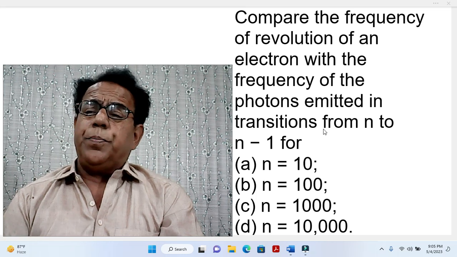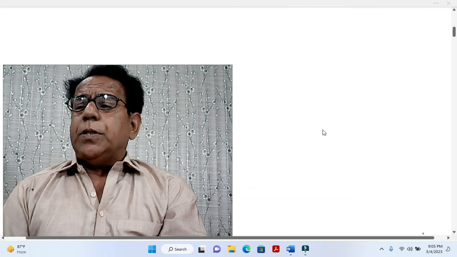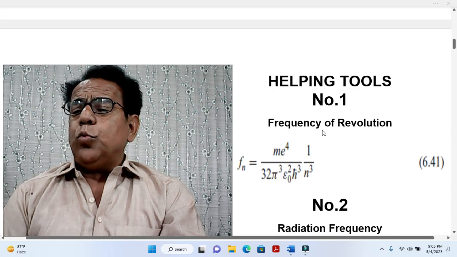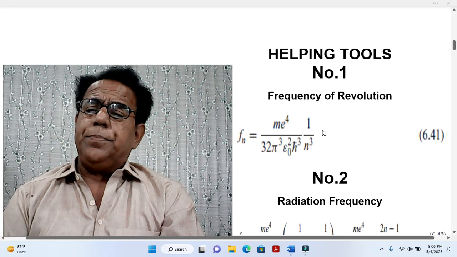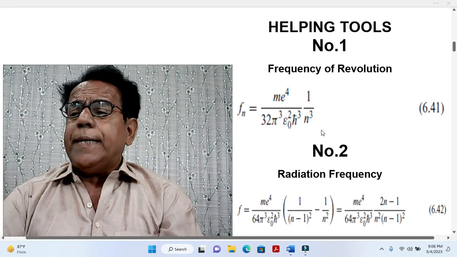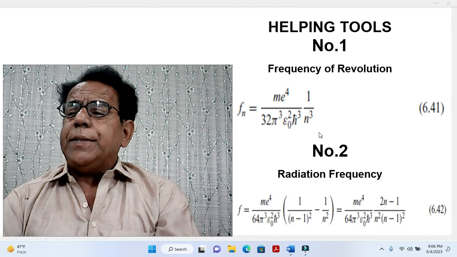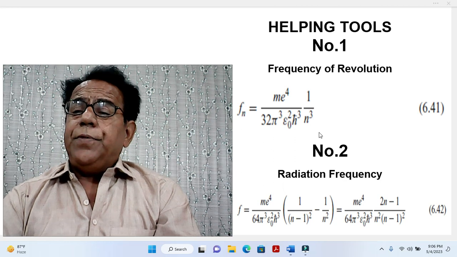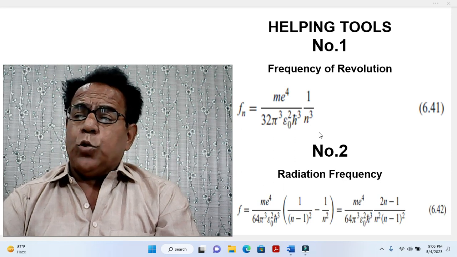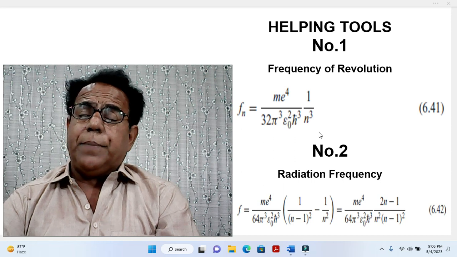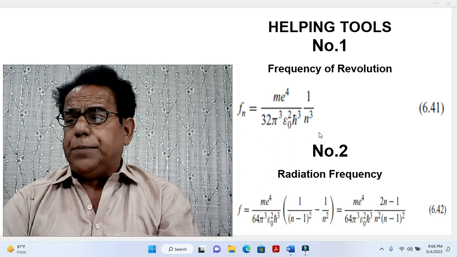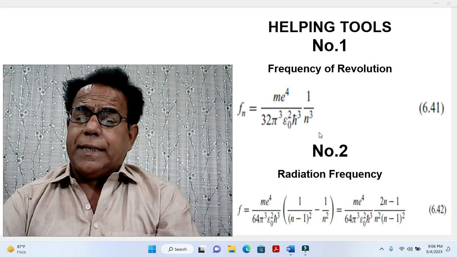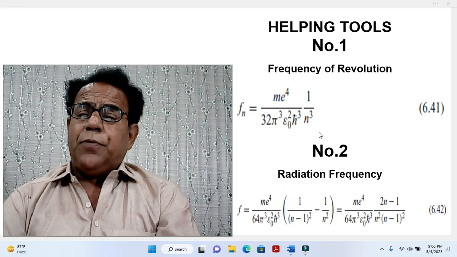Anyhow, we come to its solution, but before the solution, as usual, we first come to helping tools. Our first helping tool is the frequency of revolution, an expression which has been chosen from the same book, Modern Physics by Kenneth S. Crane. This snapshot has been selected from the book which we are following.